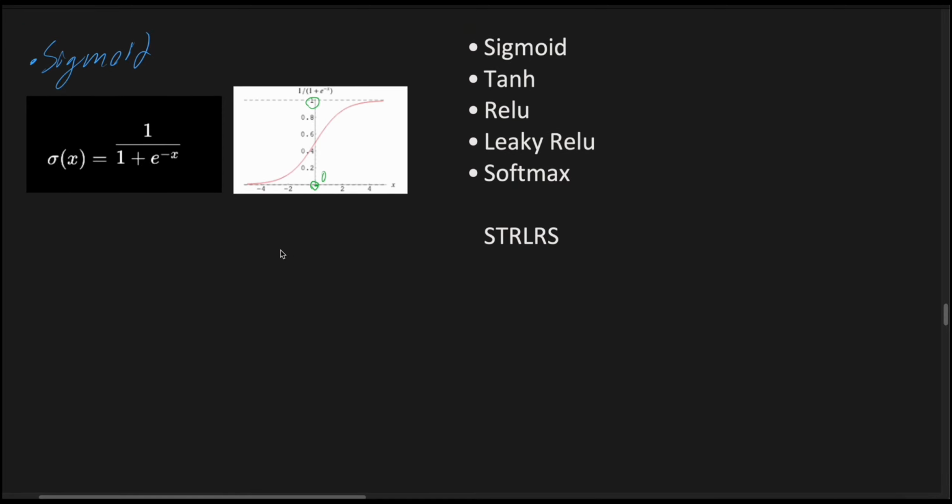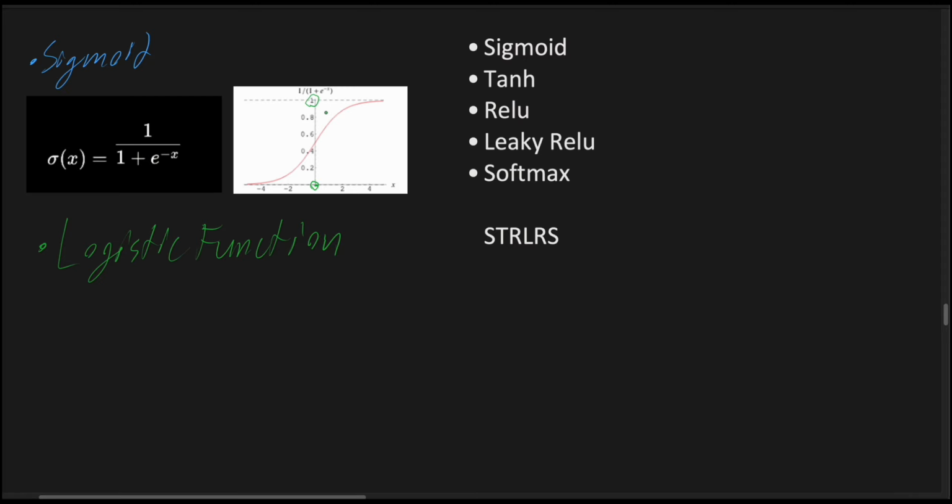Now, the sigmoid function, also known as the logistic function, produces an S-shaped curve. So sigmoid functions in general are logistic functions, and it takes any real value number and maps it in a range between 0, that we have over here, and 1.